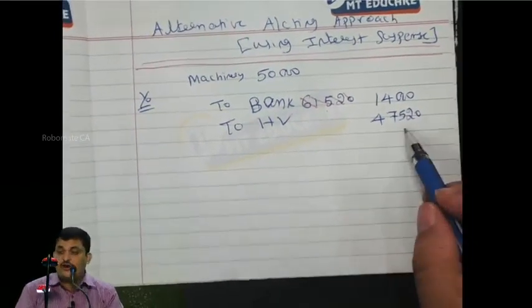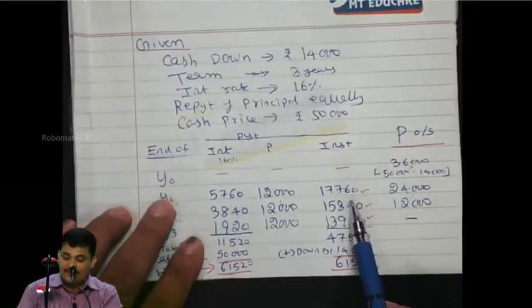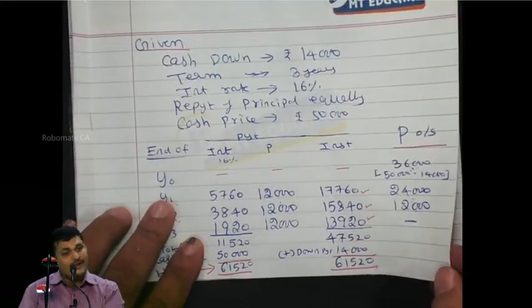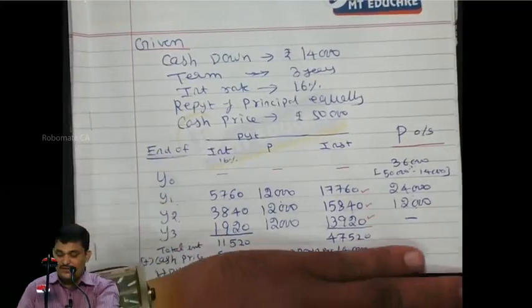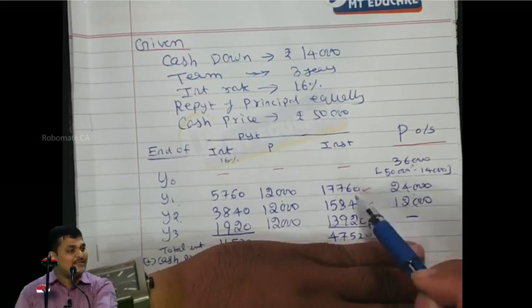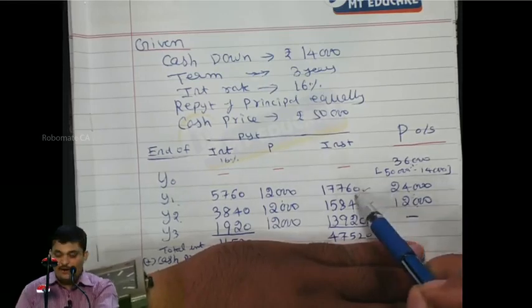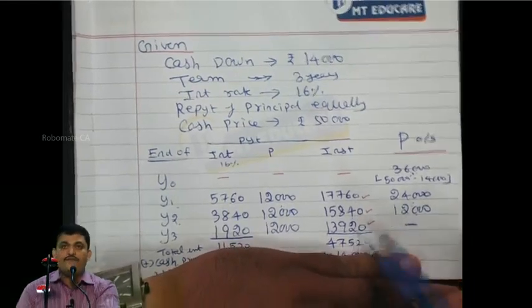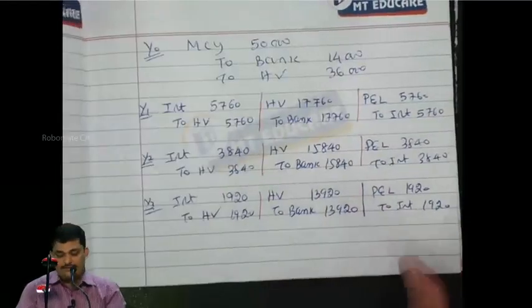We computed interest not on 47,520. We computed interest only on what amount, sir? 36,000. Correct? But my contractual liability of future, in other words, I have to pay in future these 3 installments. It is contractually signed by me. So I have to pay 17,760, 15,840, 13,920, total of which is 47,520, which is my liability.